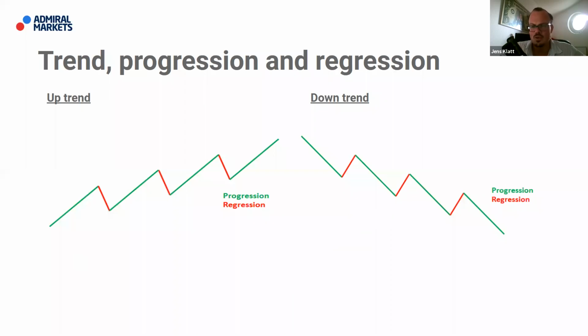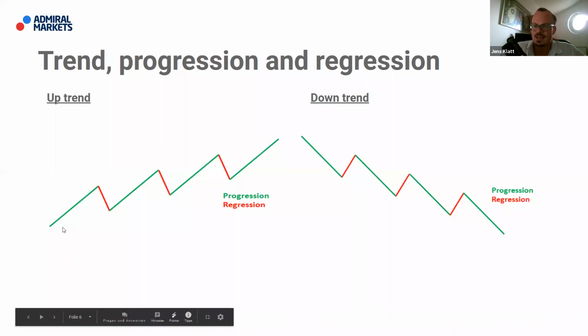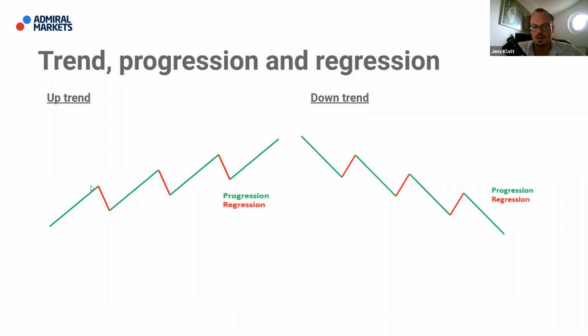But at the end of the day, you also realize the higher the market rises, respectively the lower it drops, the higher the chances that rather sooner than later there will be a corrective move. And so in fact, that's what's happening here. So you have the progression in direction of the current momentum, and then naturally the demand will diminish and we see a corrective move.